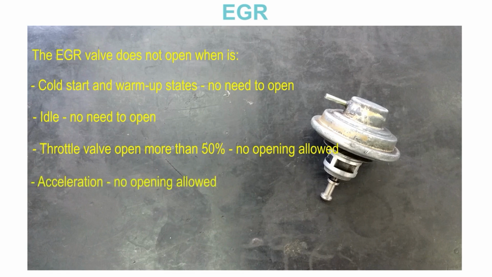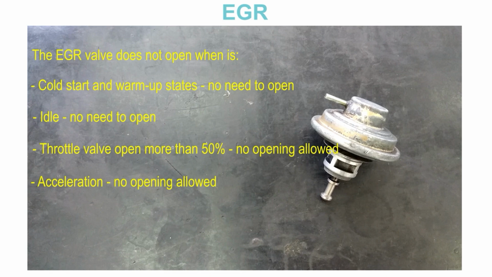In acceleration state for safety as full engine power is required. In this mode, the engine runs for a short time, and the increase in the concentration of nitrogen oxides is negligible.